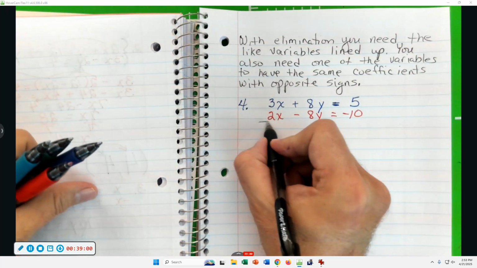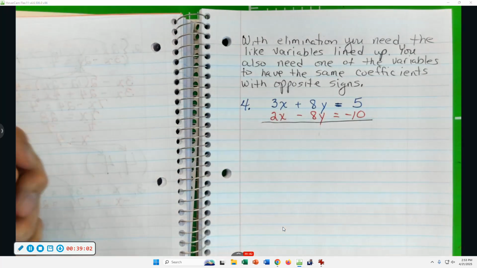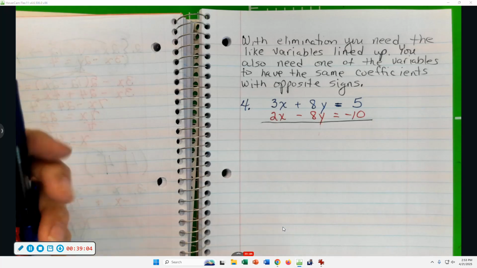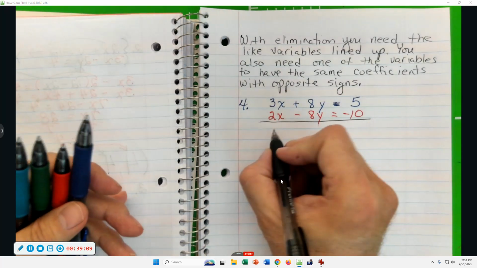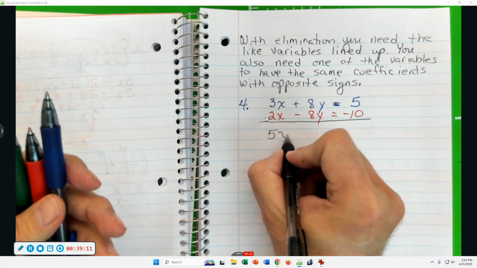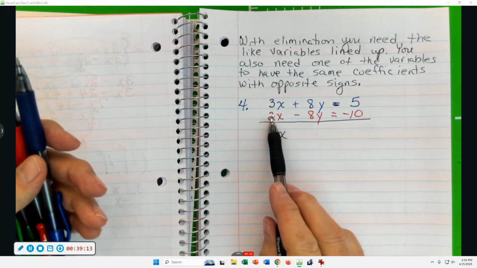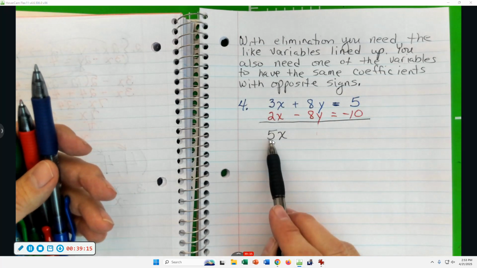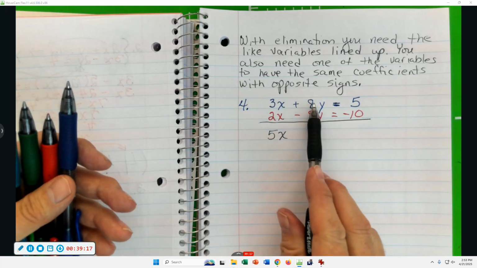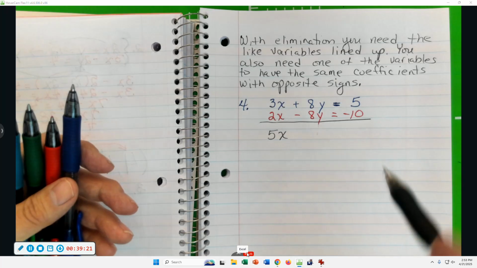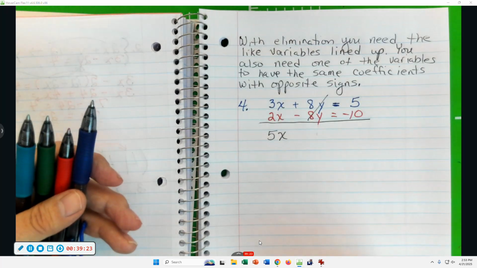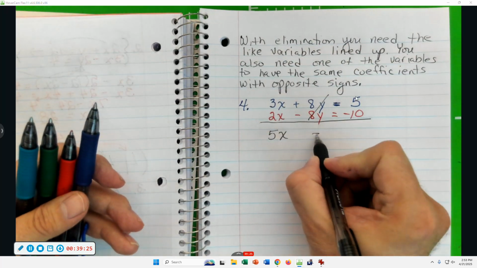So we will. That's my equal line. I'm adding vertically, and I'm going to have what, a 5x. 3x and a positive 2x, 3 plus 2 becomes 5. What's about to happen to the y's? Okay. Equals.